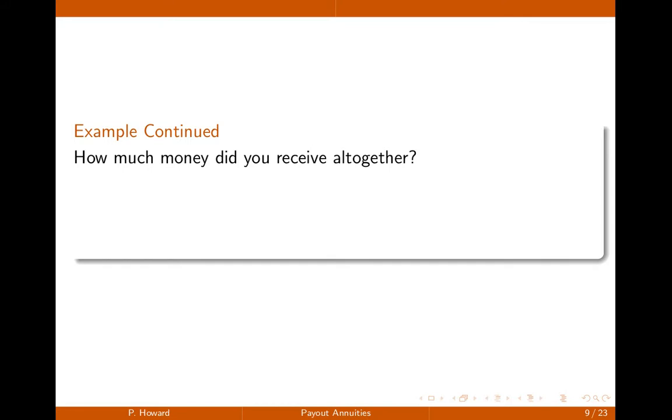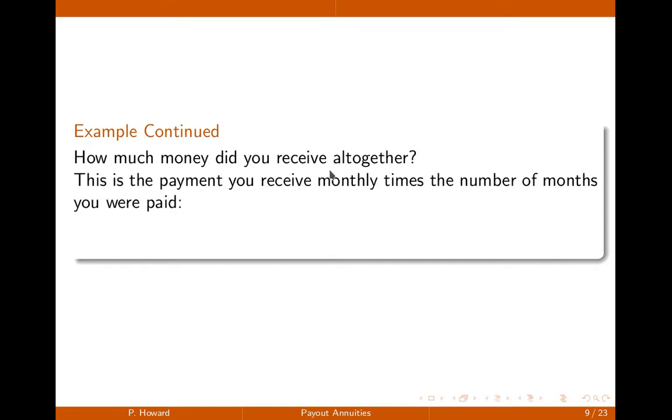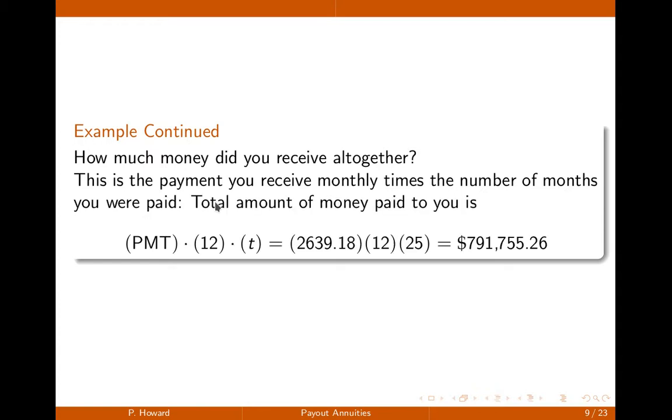How much money did you receive altogether? This is the payment you receive monthly times the number of months you were paid, as we noted before. So the total amount of money paid to you is the monthly payment to you times the number of months, times 12 times the number of years.